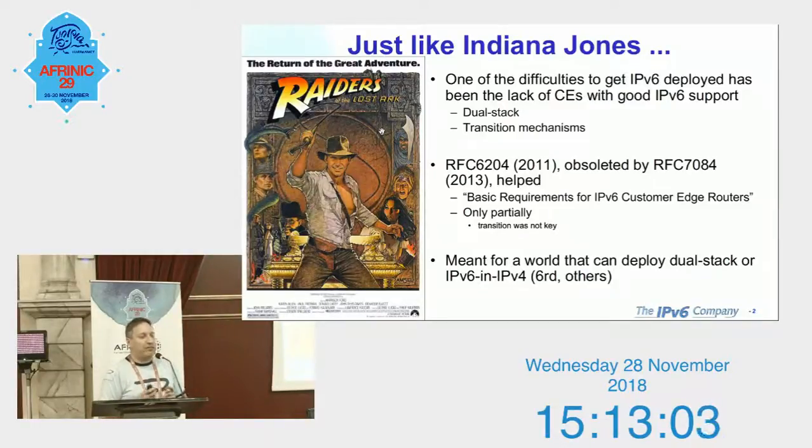So what happens is that in 2011, we had a document from the IETF, which was RFC 6204, which was describing the situation and what are the requirements for an IPv6 CPE, and that document was updated a few years later in 2013 with RFC 7084, which is the actual document as a reference for a CPE builder to support IPv6, right?